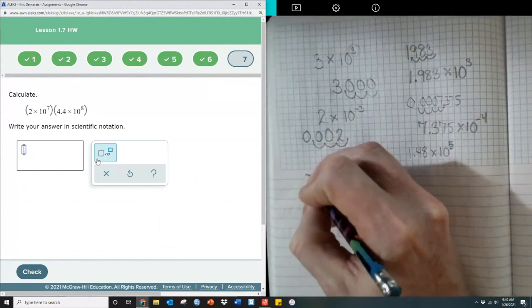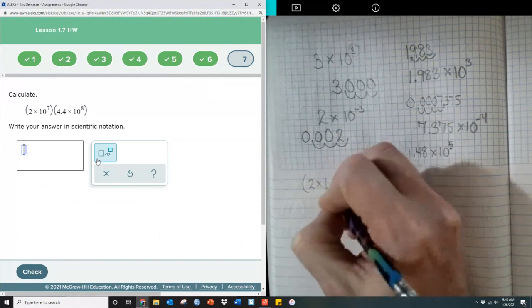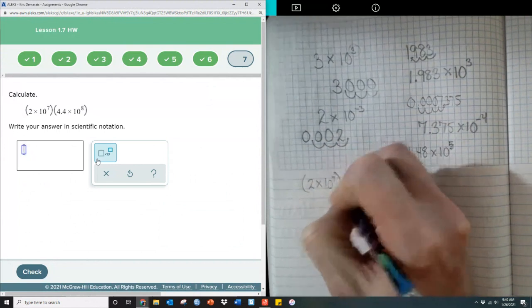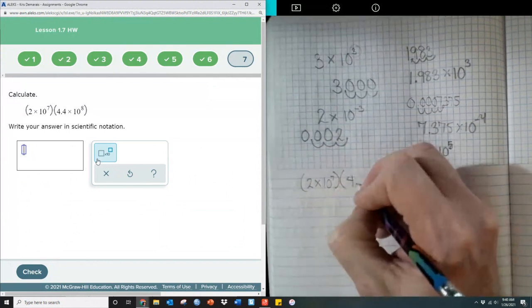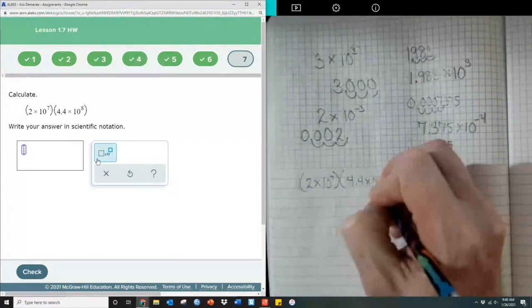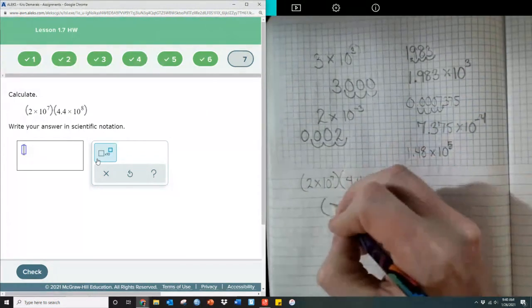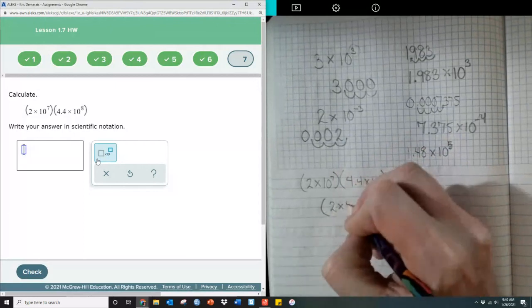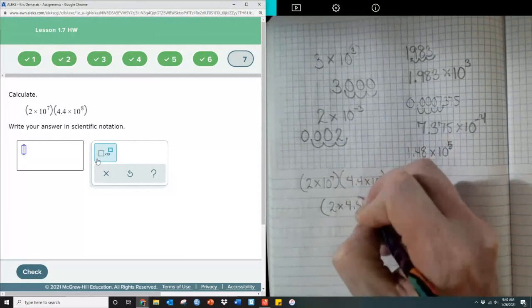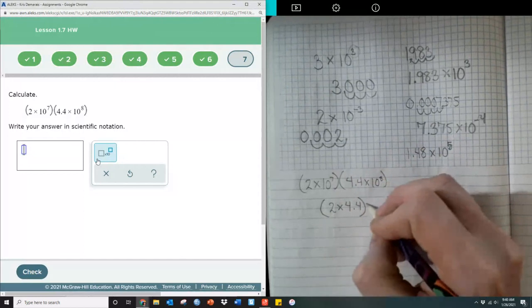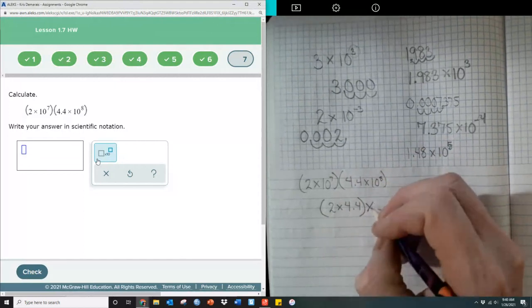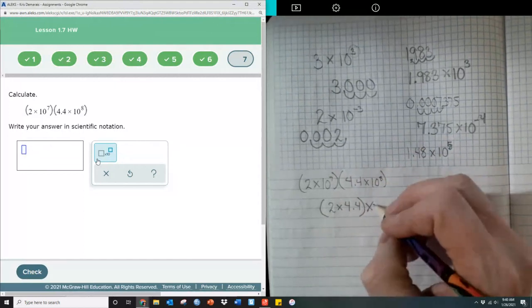Now, we have multiplication. Now multiplication, what you want to do, now this is a good strategy I'm about to show you here. And that is group your numbers together and multiply them together. And then go ahead and put the multiplication symbol in there because it's part of the scientific notation.